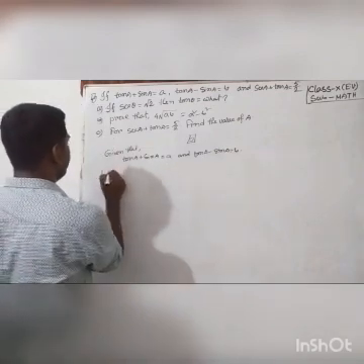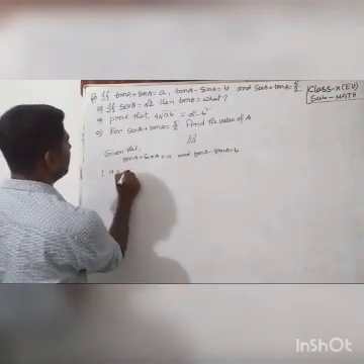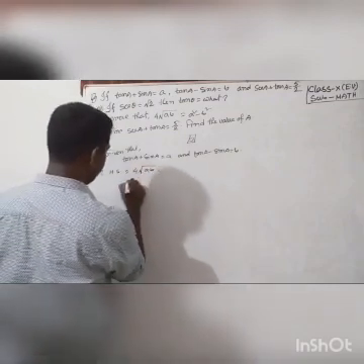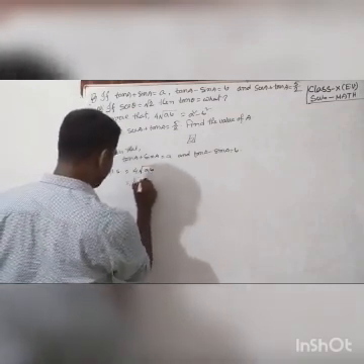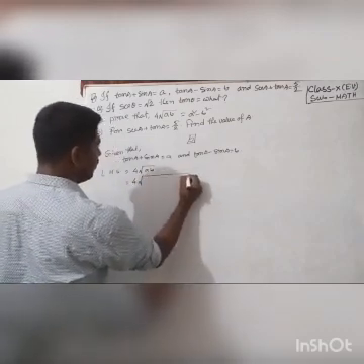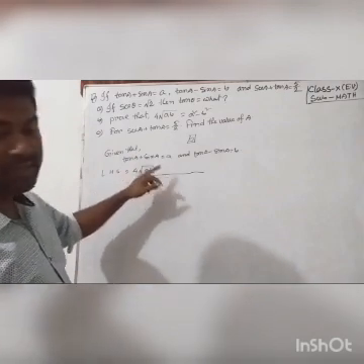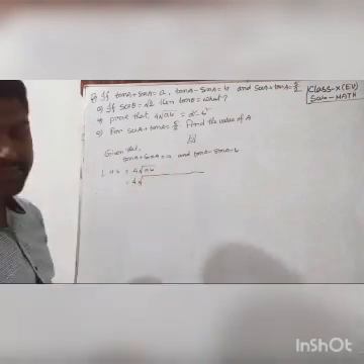Okay, and left hand side equal 4 root over ab. Now putting the value of a and b. Here a is tan a plus sin a and b is tan a minus sin a.